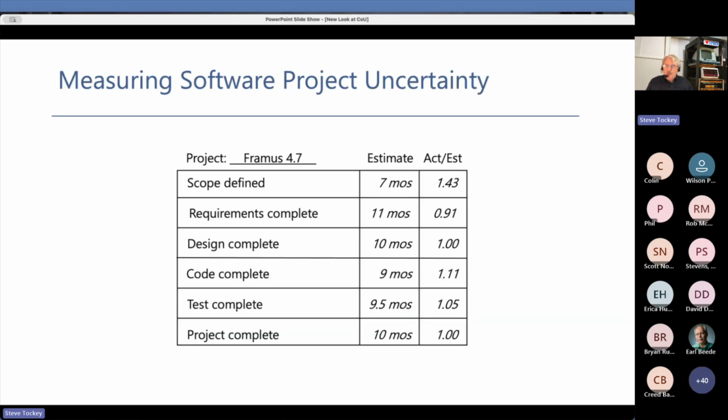Okay. Now, the point here is that the uncertainty in software projects is actually a measurable phenomenon. We can actually measure it by taking certain data at certain points in the project, recording the data, and then processing the data later. Now, I'm showing you this for a waterfall life cycle.